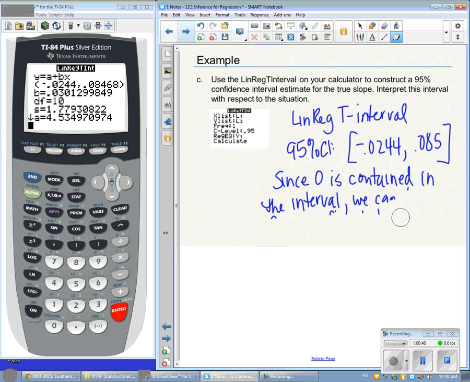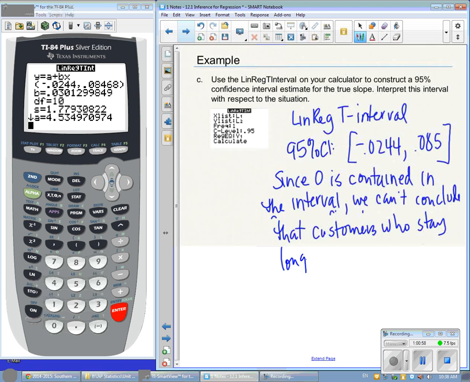So what we'll say here is we can't say that customers who stay longer leave larger tips.